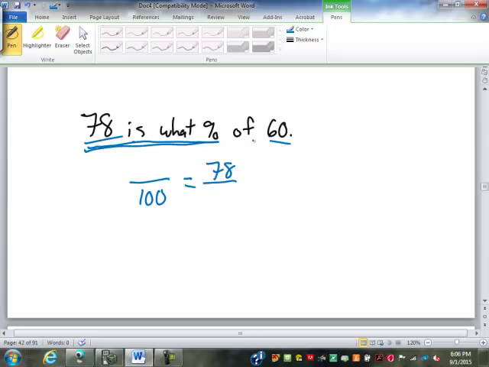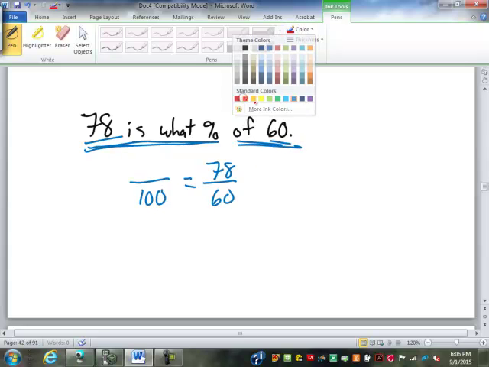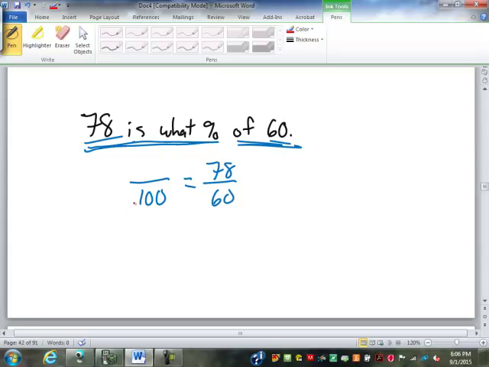So 78 matches up, out of 60. So again, we'll cross multiply and divide. 100 times 78 is 7,800. Divided by 60 is 130. So 78 is 130% of 60.